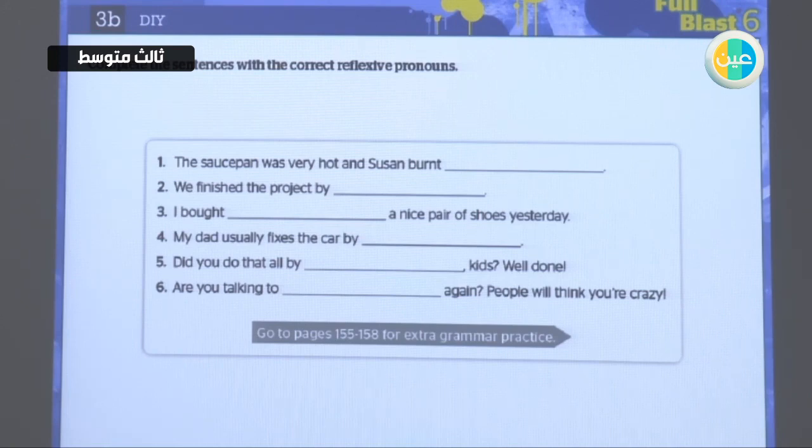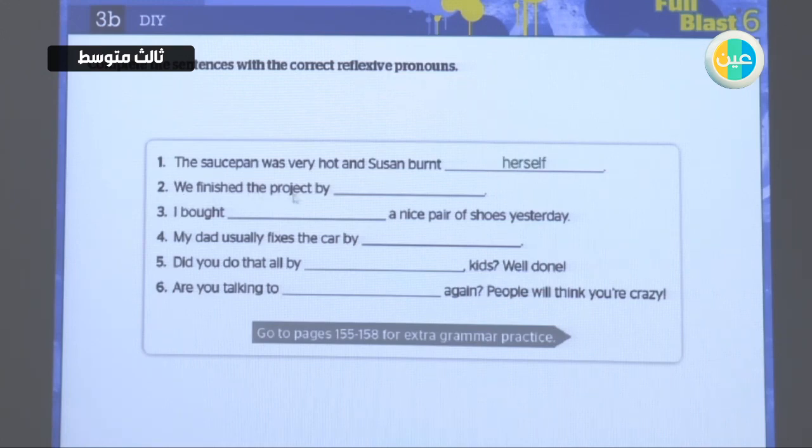Try to guess the correct reflexive pronoun and put it in the space. The first one, the saucepan was very hot and Susan burned. What do you think the answer will be? Herself, because we have Susan.